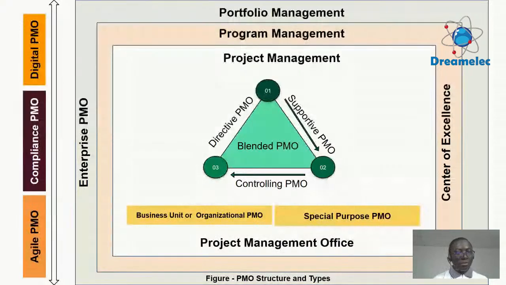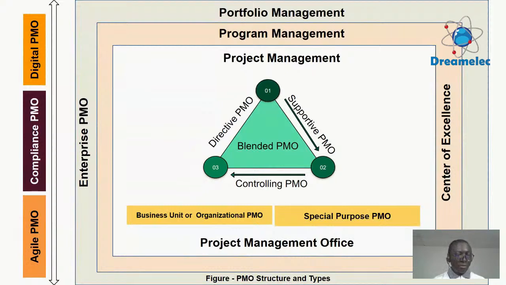It's ideal for organizations that require a high level of control and governance, right? So this type of PMO ensures that projects are aligned with the organization's strategies and are executed in a disciplined way, in a structured manner. So at this stage, the PMO doesn't only support but also enforces compliance with the standards.